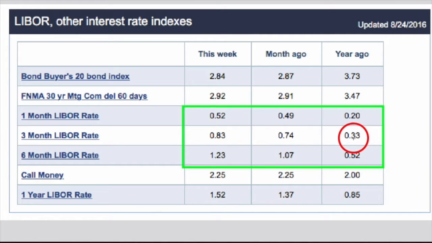The 3 month was 0.33%, now 0.83%, and the 6 month LIBOR rate has gone from 0.52 to 1.23%. So that means there's risk in the banking sector, and the banks are lending money to one another at higher rates.